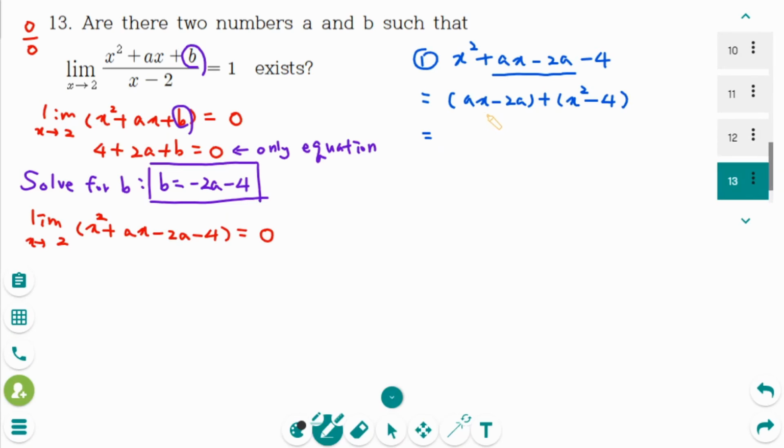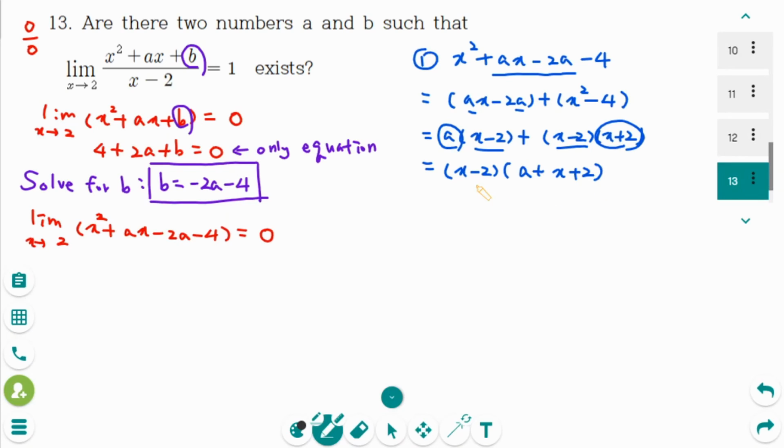That is the key. And then factor, so take out a, then x minus 2, plus this one is x minus 2, x plus 2. Then the common factor is x minus 2, so take out this one. And then the remaining factor is a plus x plus 2. So this is the factored form.